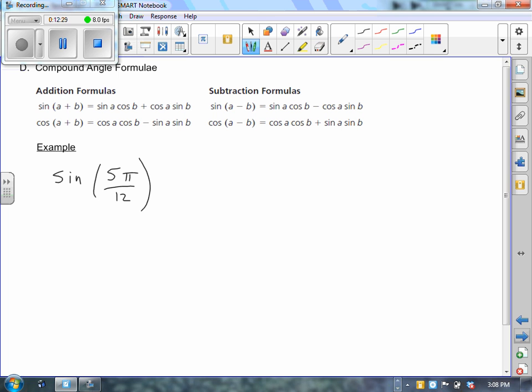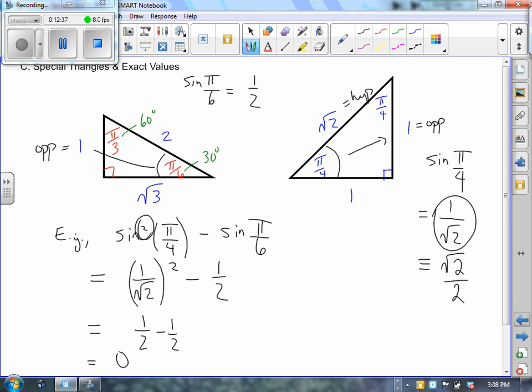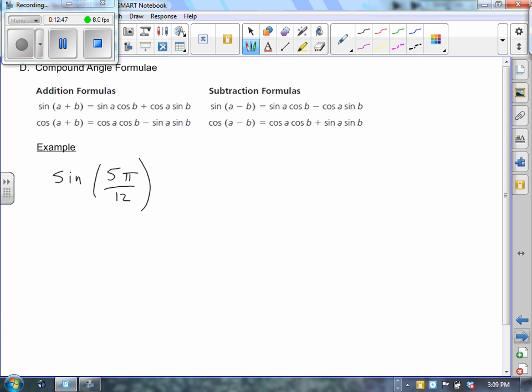Now notice that 5 pi over 12, with a denominator of 12, doesn't really relate to special triangles all that well because of the denominators that we have of 3, 6, and 4. So the idea is to try to split that angle so that we can say that it is a compound angle.